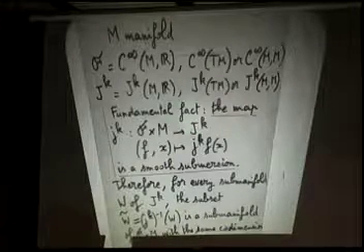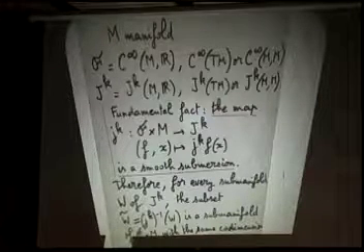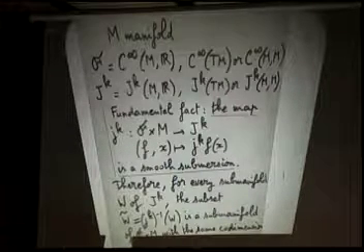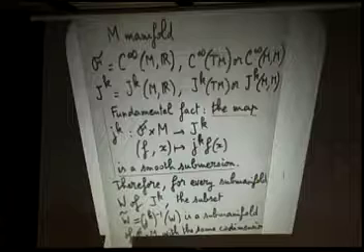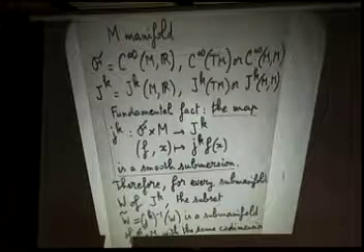Okay? So in fact, what happens is that this topology is terrible from the viewpoint of topology, because, for example, you don't get a topological vector space.